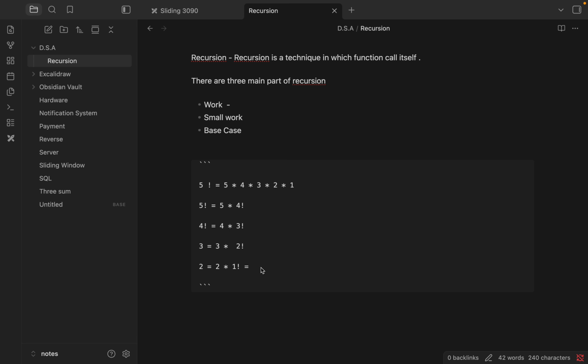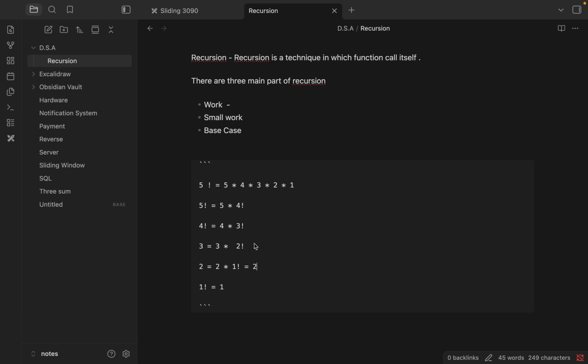Now we are going to calculate it. What is the value of 1 factorial? The value of 1 factorial is 1. Now we put the value of 1 factorial, which is 1, and here 2 into 1 gives 2.